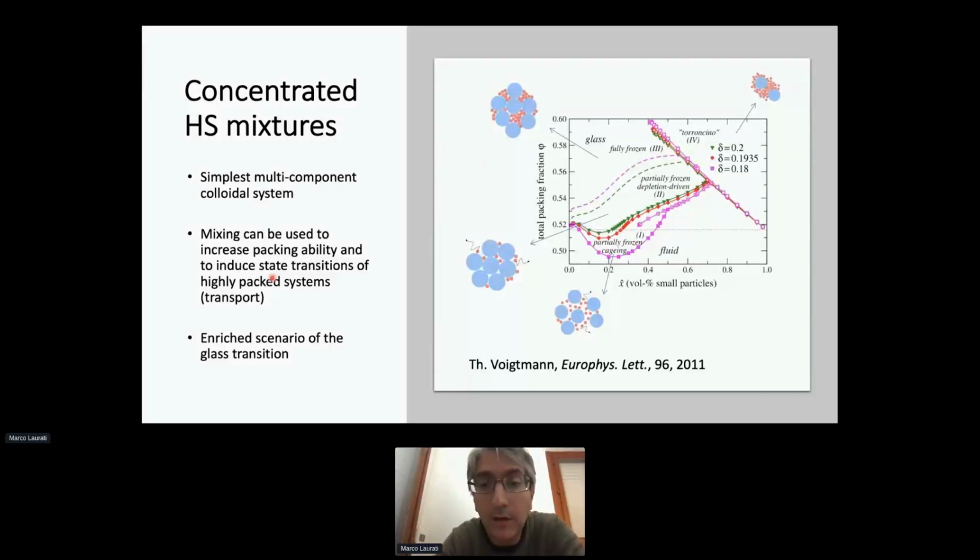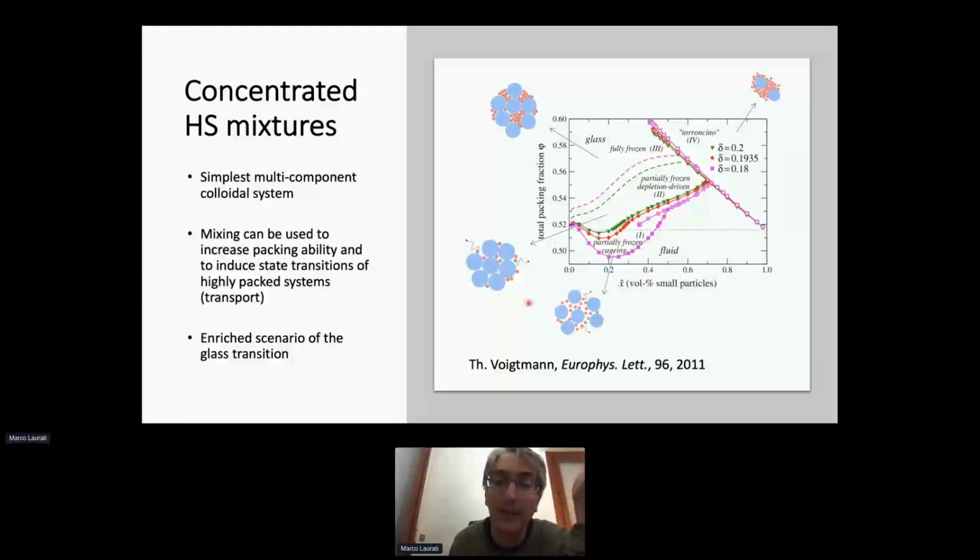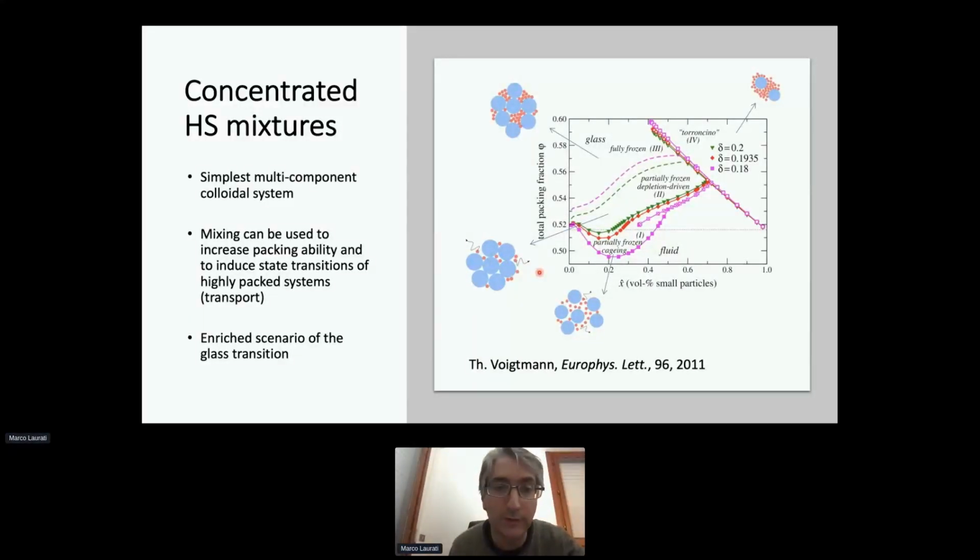And obviously, it's also very interesting for the fundamental investigation of the glass transition, because, as I'm showing from these results from a paper from Thomas Voigtmann, these binary mixtures have a very rich scenario of very different glass states, which are characterized by different caging mechanisms and different dynamical behaviors of the components.